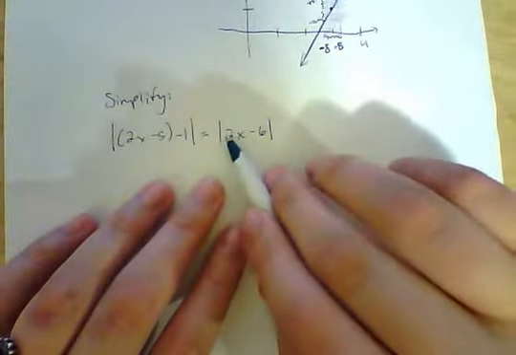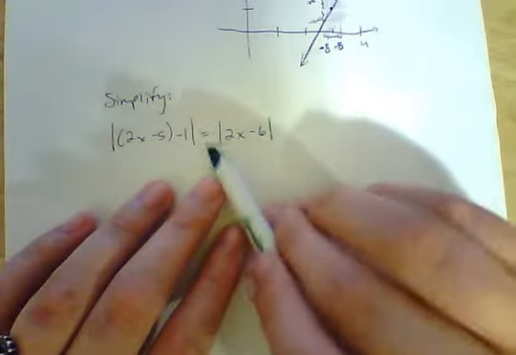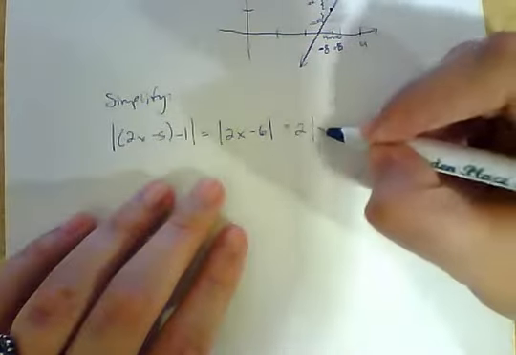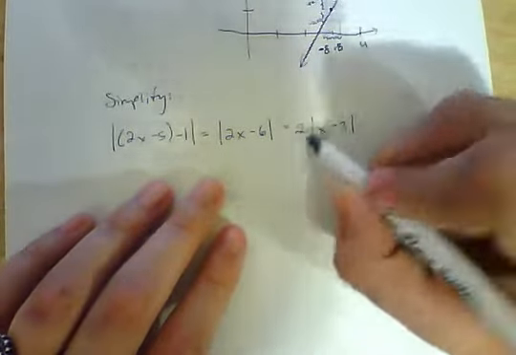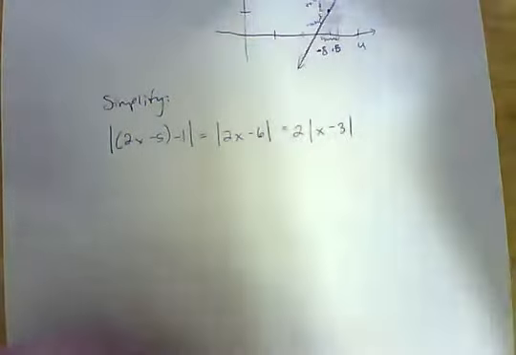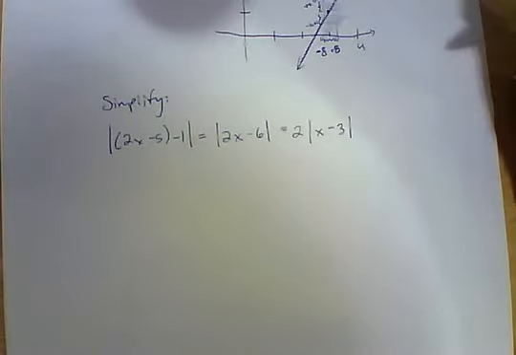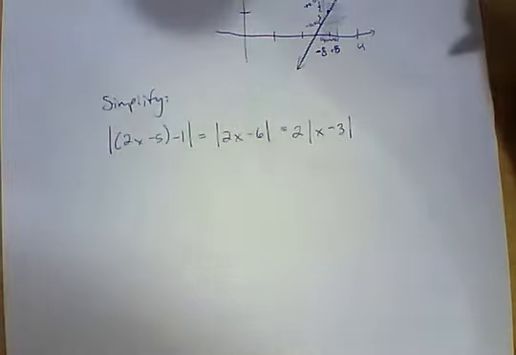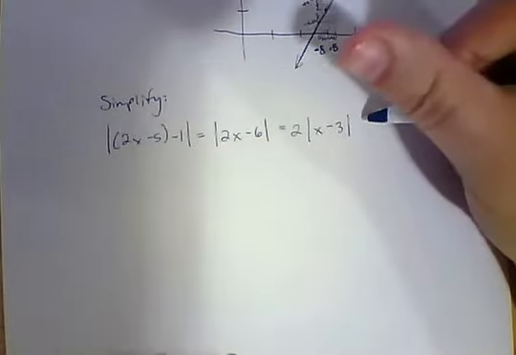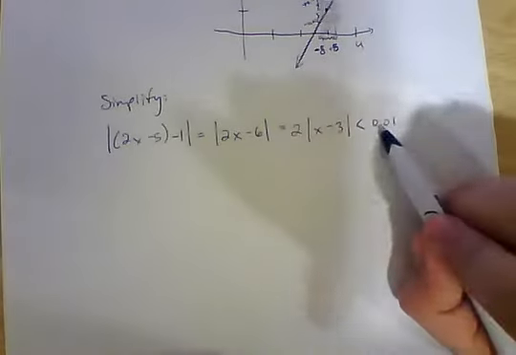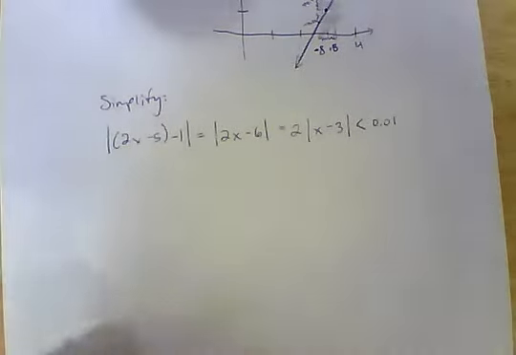And hang on, there's one more thing we can do here. There's a 2 here and there's a 2 in here, so we can factor out a 2. And then we get 2 outside the absolute value of x minus 3 is less than 0.01.